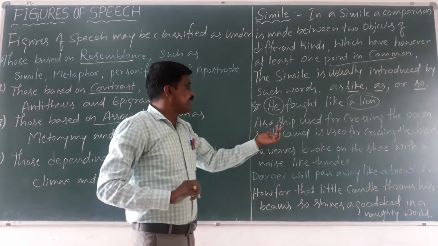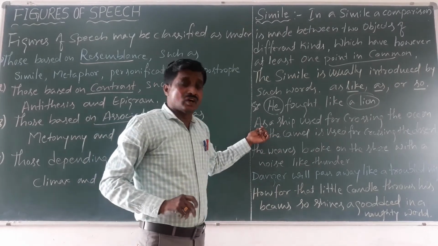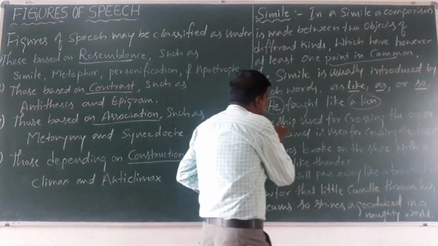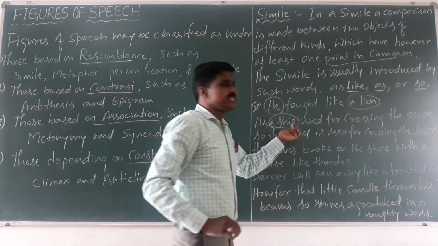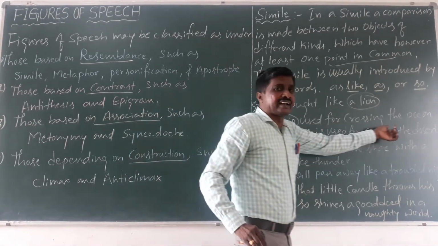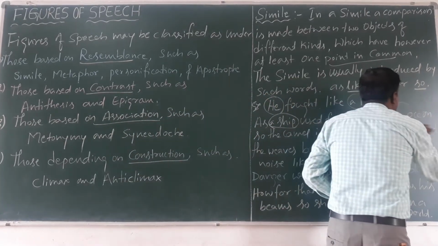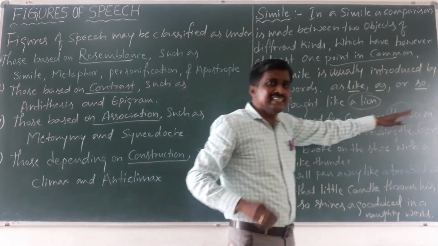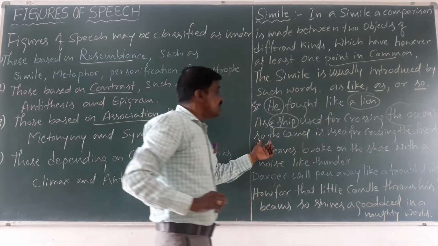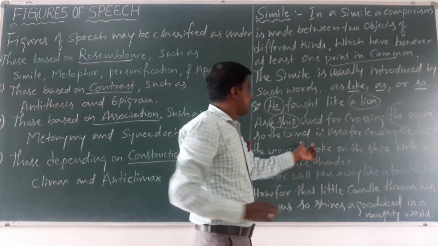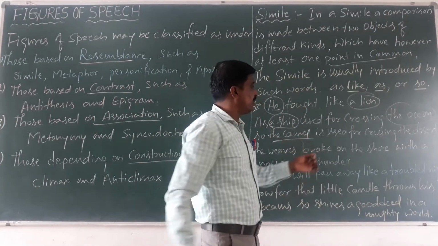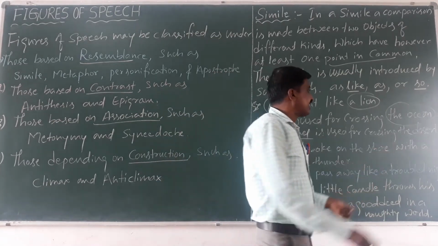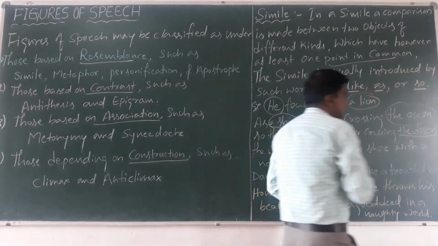Now let us see the second example. As a ship is used for crossing the ocean, so the camel is used for crossing the desert.